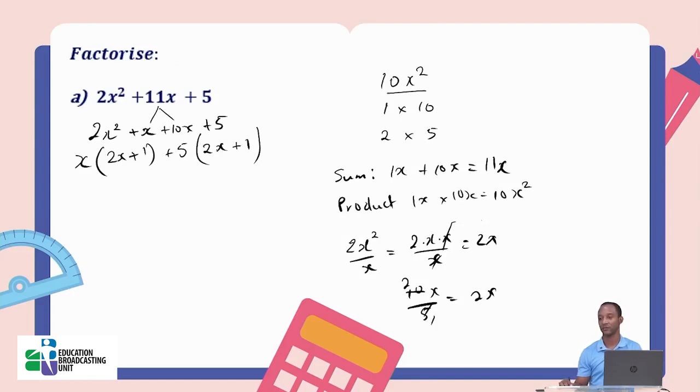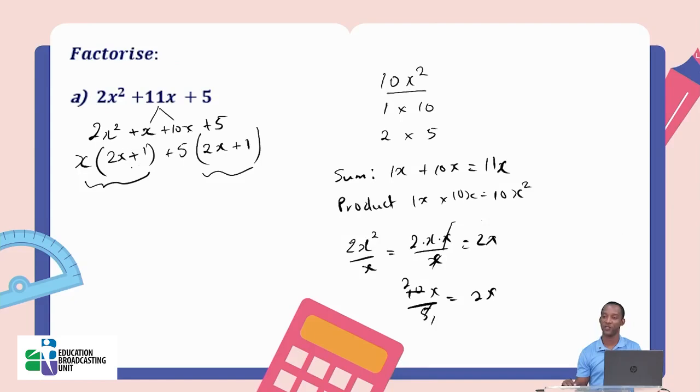Notice that in this line, we have two terms. We can consider this to be one term, and we can consider this to be another term. What is the highest common factor? Well, it's really a monomial, a single term multiplied by a binomial.